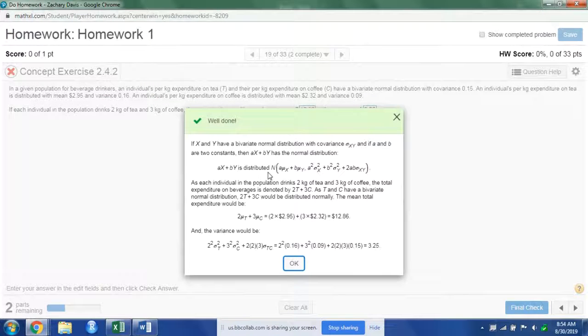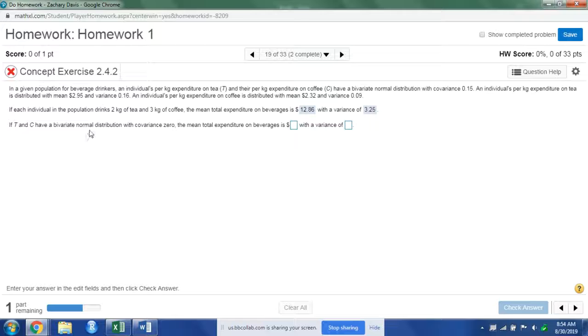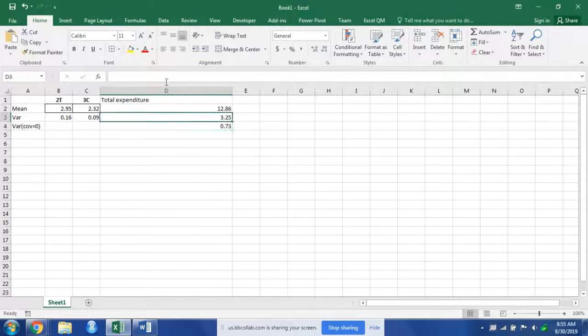Okay, so I forgot to change coefficients, but all you have to do is go into the formula and change them. So here, once again, it's asking about the covariance of 0. So what I'm going to do is copy the formula with the new coefficients to here.